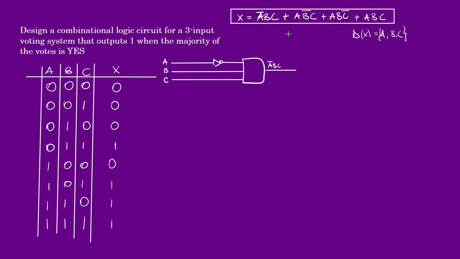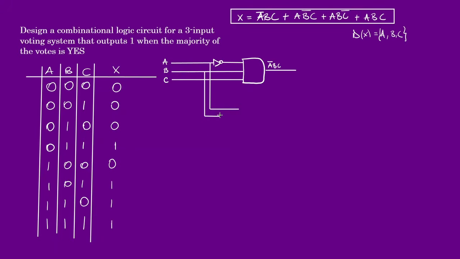The next term is A, not B, C. So we can simply draw out A over here. Let's bring down A before it gets negated, so we have to be careful of that. We're going to negate B, so have that in mind when you're bringing it down to lead into the gates, that you're going to include a negation.